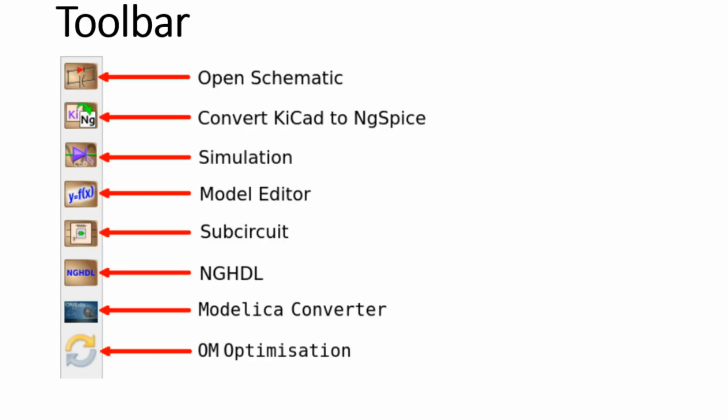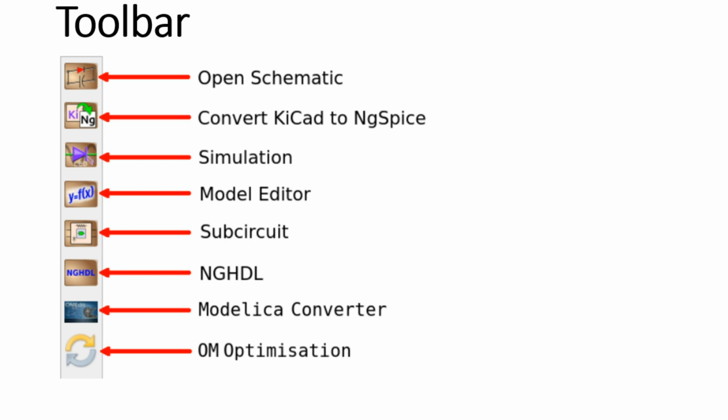With respect to the toolbar, we have important icons here. Open schematic is the first icon, which enables a user to design the circuit. Next one is convert KiCad to ngSpice. This tool will allow converting the KiCad circuit design to an ngSpice model.